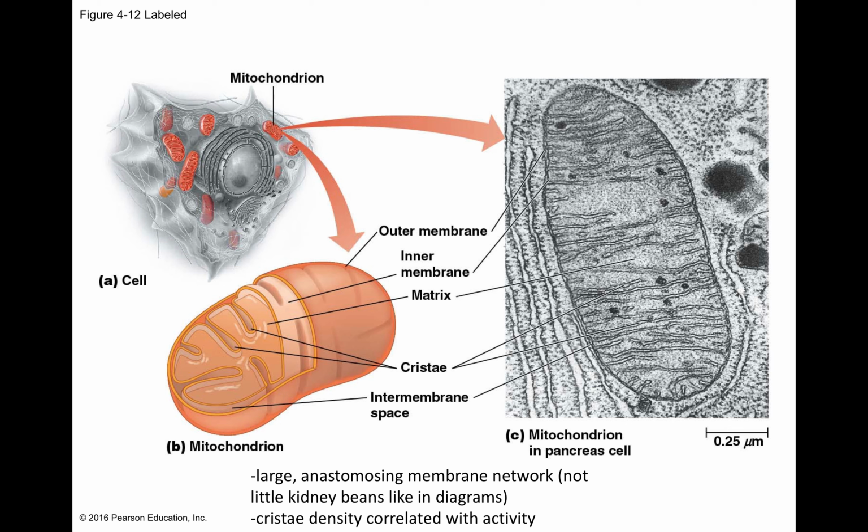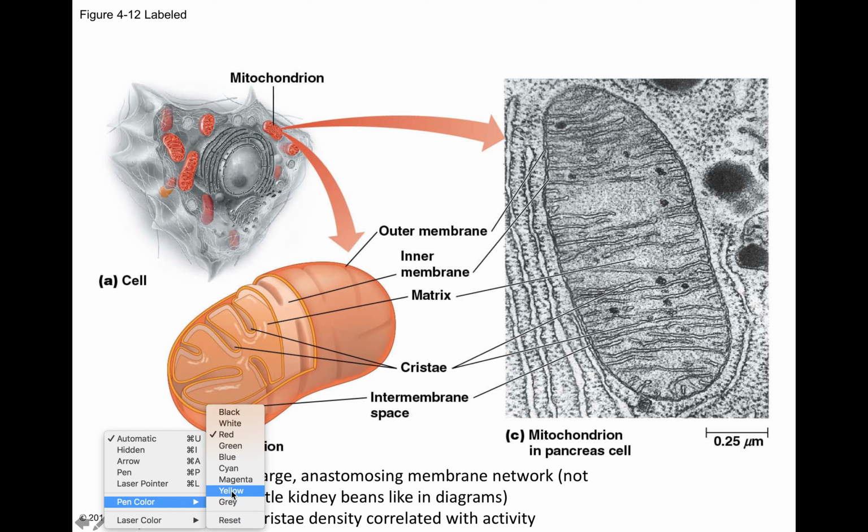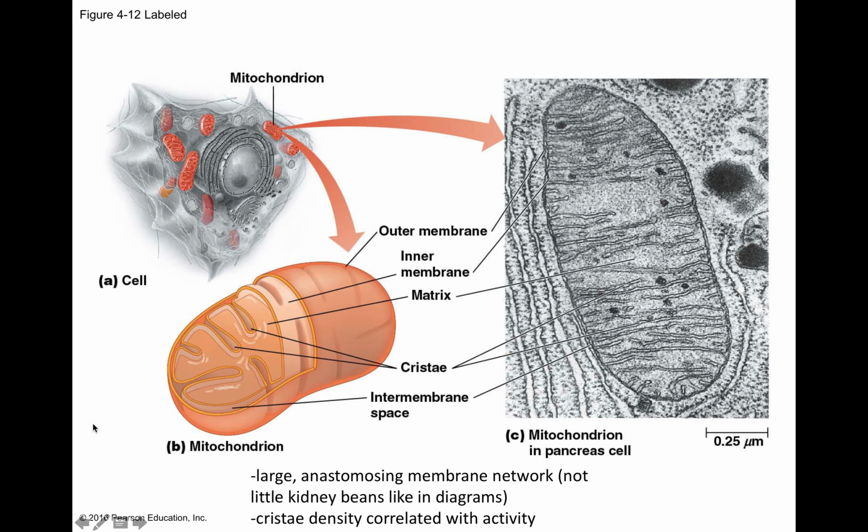When I ask you to draw a mitochondrion, this is what I want you to do. I want you to just draw one line per one membrane. So here's one, and then here's your inner membrane.